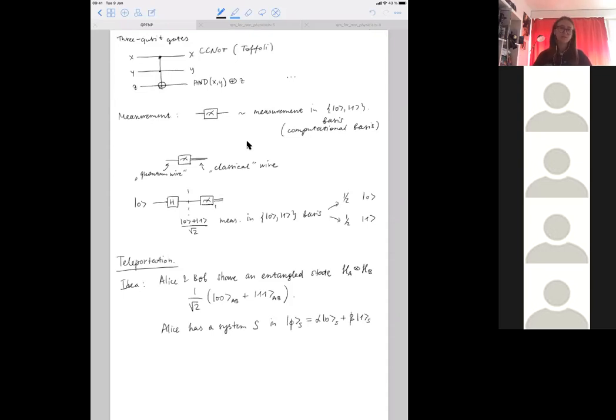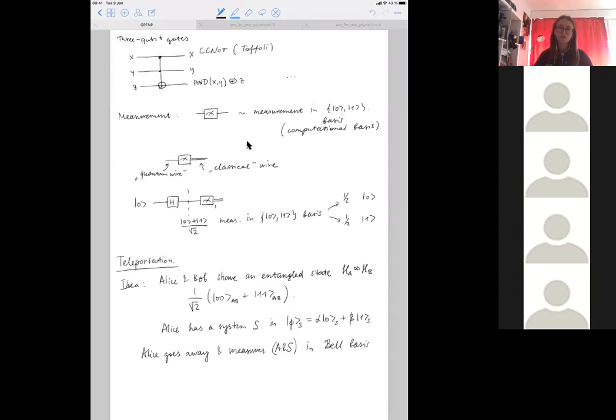Then suppose that Alice goes away from Bob, so they are spatially separated, but they still share an entangled state. Alice goes away to her lab, and she still has access to the systems A and S in her lab, and she measures A and S together in the Bell basis.